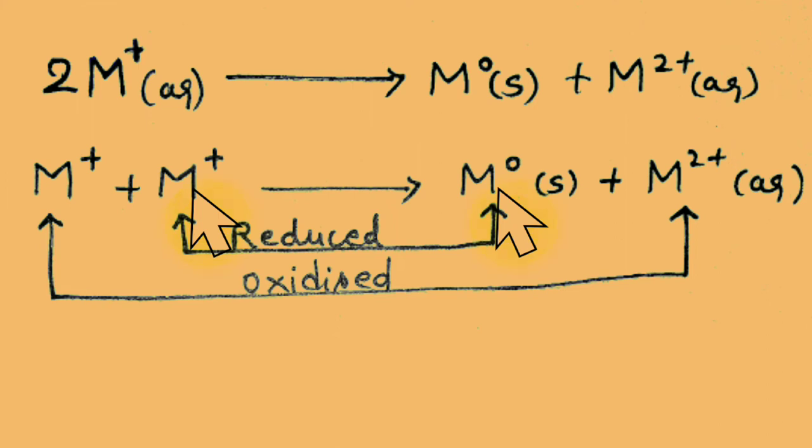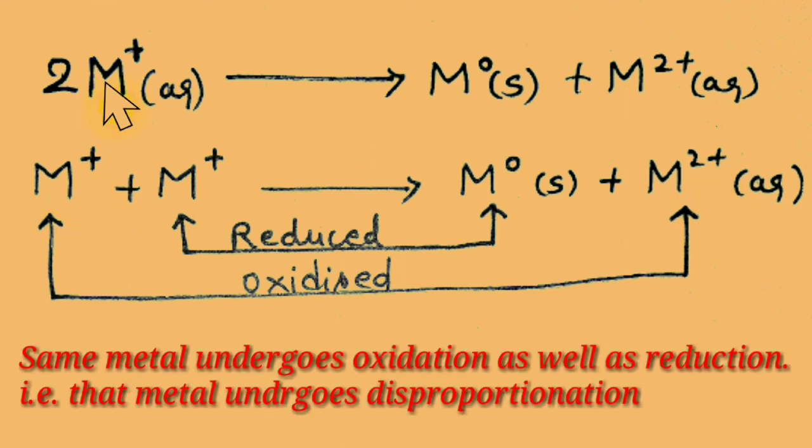That is, it undergoes reduction. And at the same time, metal ion M+ gets converted to M+2, that is increase in oxidation number from +1 to +2. That is, it undergoes oxidation. So we can say that same metal undergoes oxidation as well as reduction. That is, that metal undergoes disproportionation.